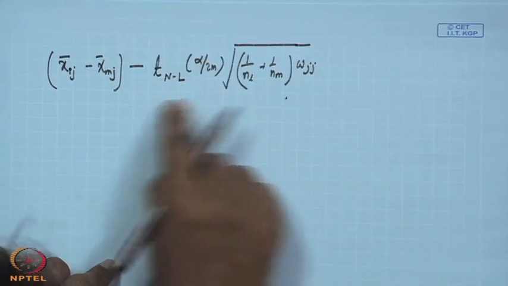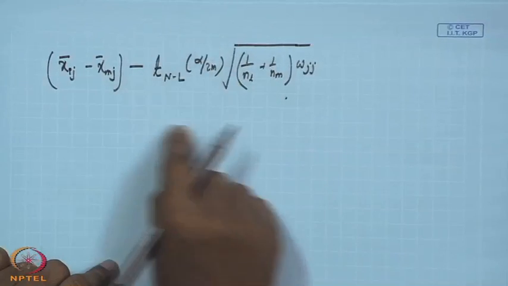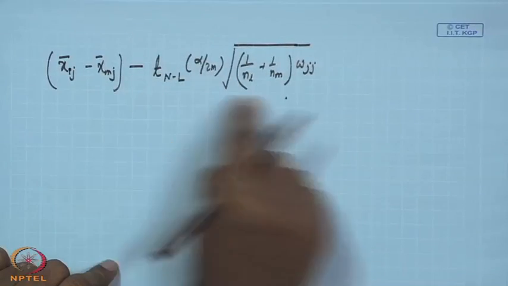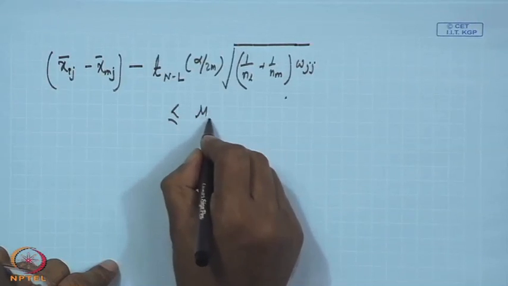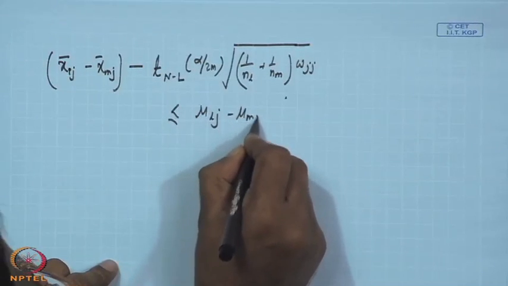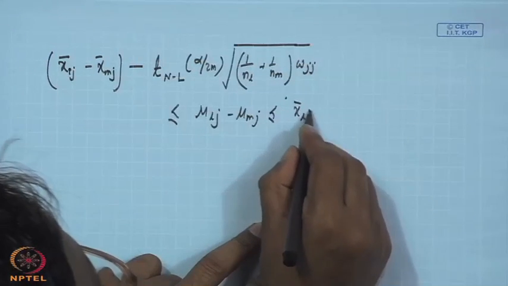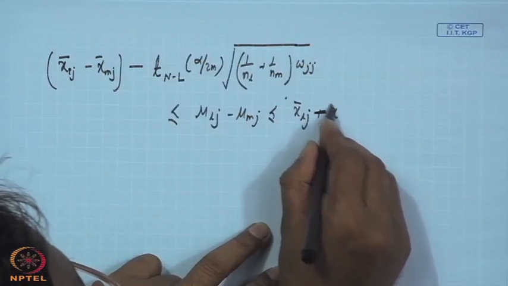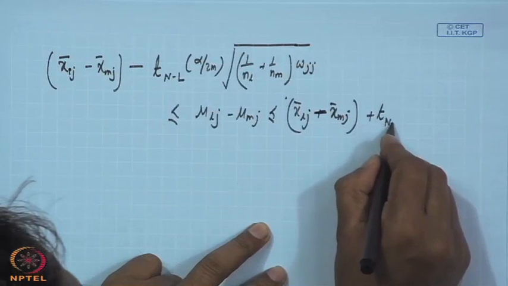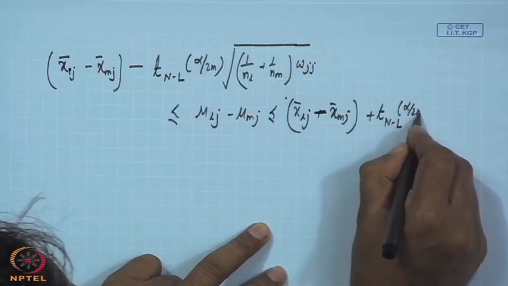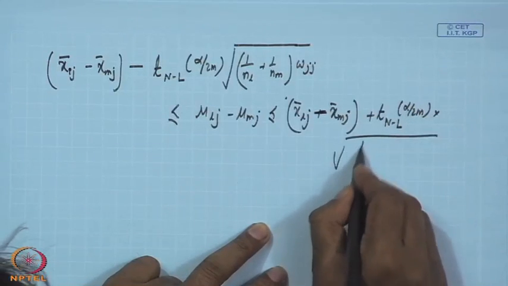In the same manner as we have done earlier, we know the distribution, then the critical value, and we multiply with the variability. This will be less than or equal to mu Lj minus mu mj, less than or equal to x bar Lj minus x bar mj plus t n minus L alpha by 2m into the variance part.